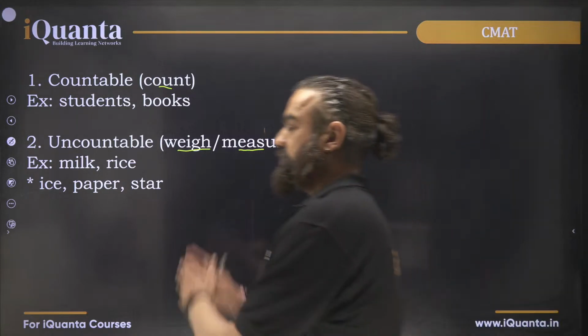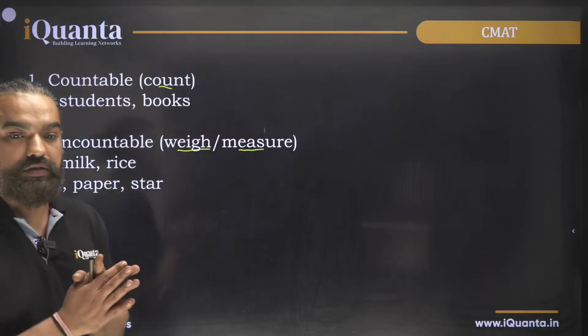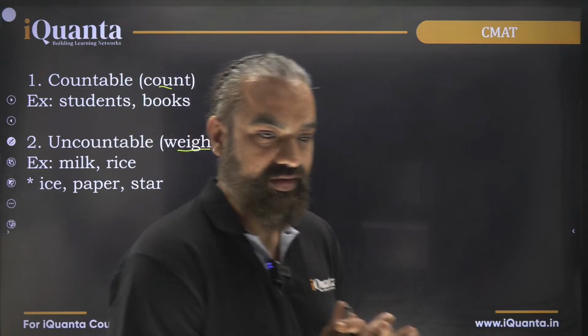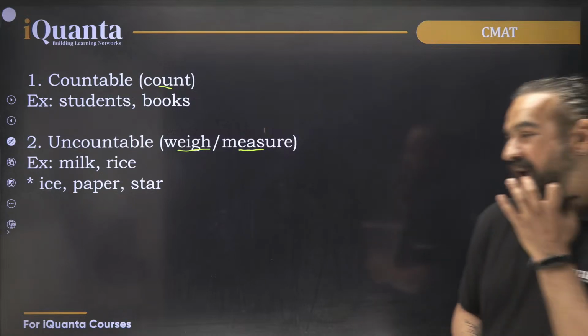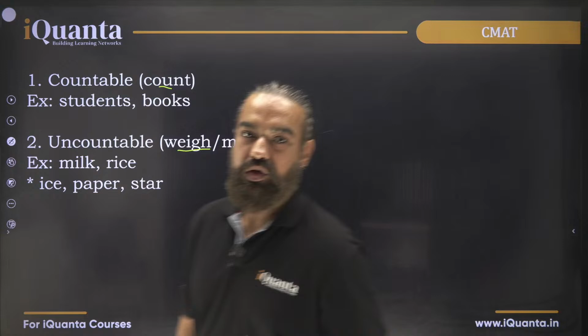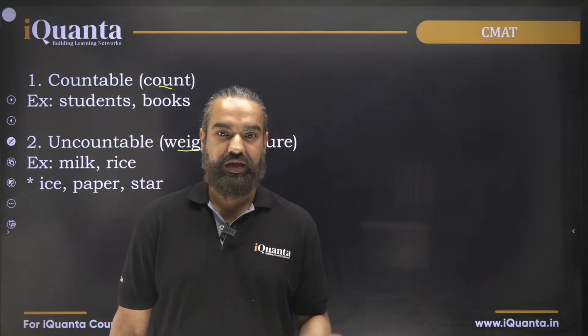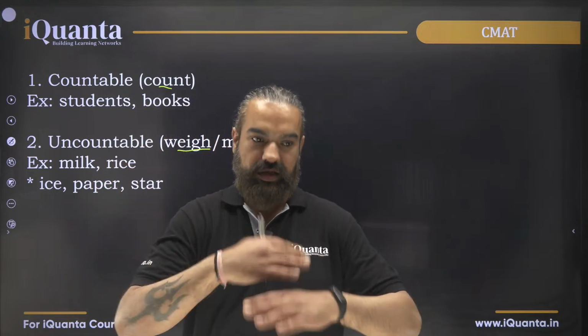Mind you, I've asked you what about paper? Paper countable or uncountable? So guys, we don't count paper. We weigh paper. Okay? If you see how paper is made, it comes out in a sheet like a cloth.